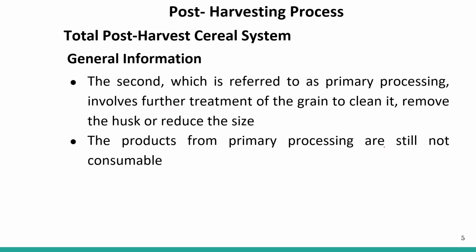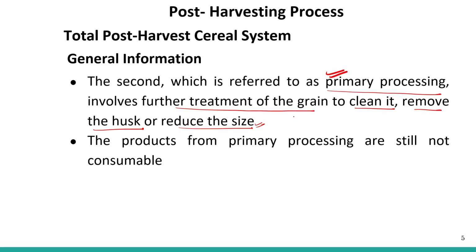The second, which is referred to as the primary processing, involves further treatment of the grain to clean it, to remove the husk, or to reduce the size. There are so many things along with the seeds: they contain the husk, they contain soil particles. All that should be removed. So this is called the primary processing of the seeds.